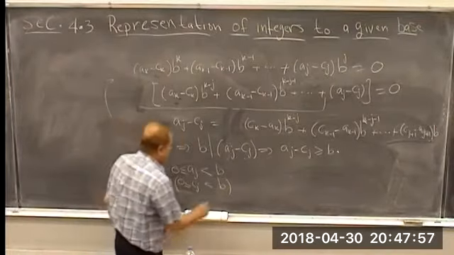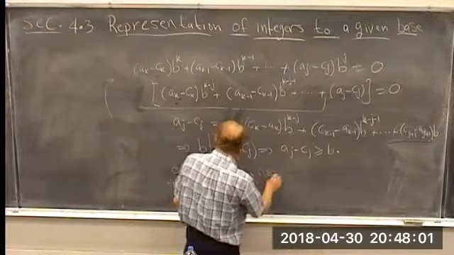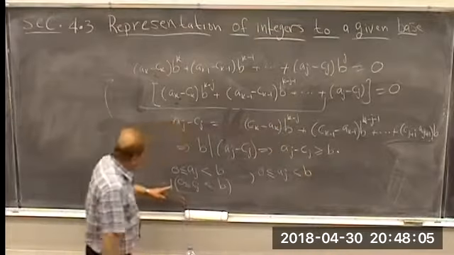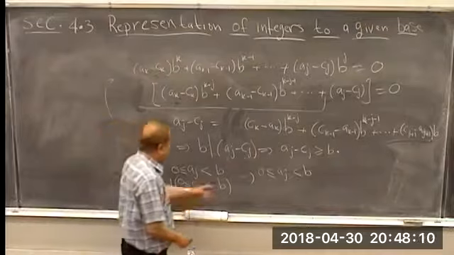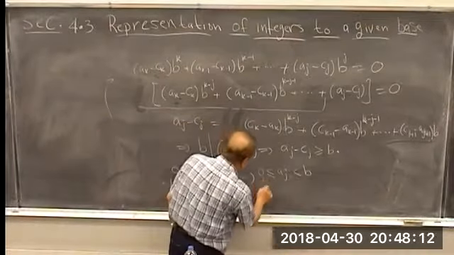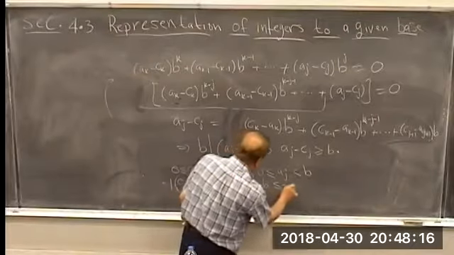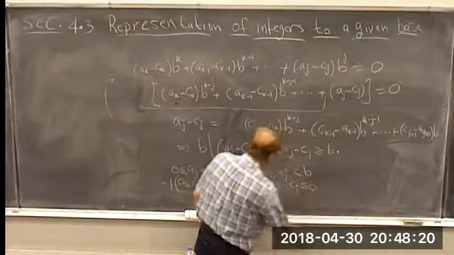Okay? So I obtain these two inequalities. A_j less than B, and because we are multiplying by a negative, the inequality is going to switch. So negative B, sorry, less than or equal to minus C_j, and this less than or equal to 0.